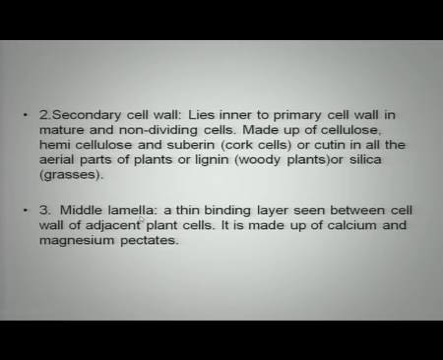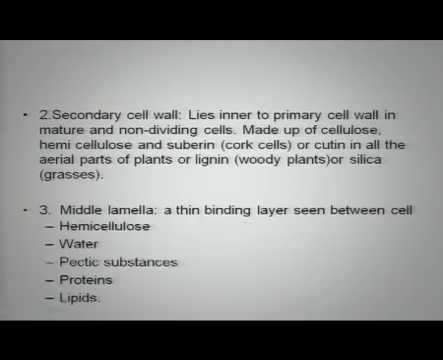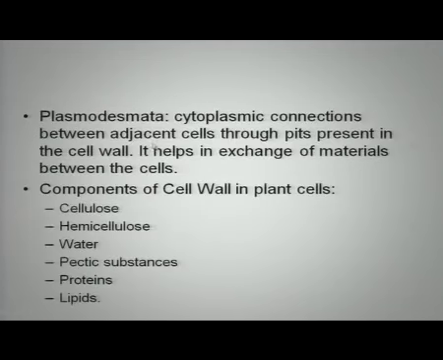Now regarding the middle lamella, a thin and binding layer that is seen between the cell walls of adjacent plant cells. It is made up of calcium and magnesium pectates. Plasmodesmata are cytoplasmic connections between neighboring cells that take place through the pits present in the cell wall.